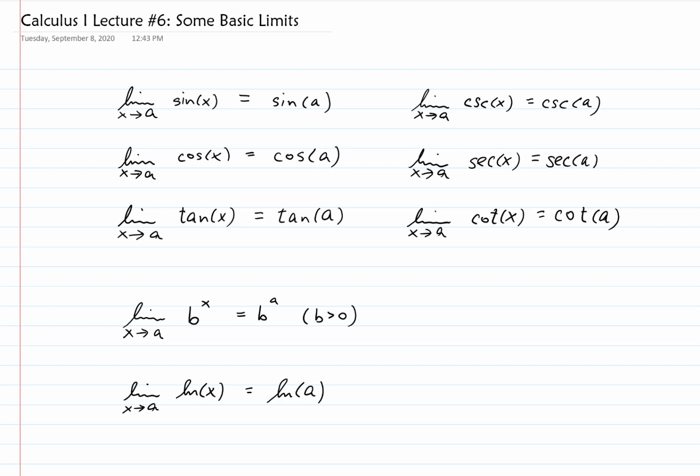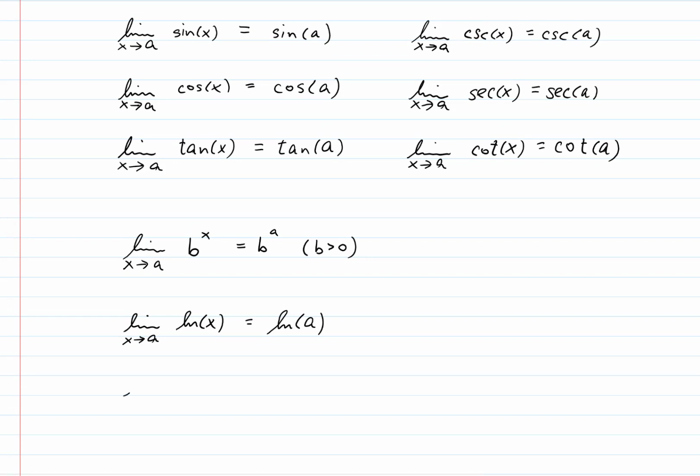Okay, and it's also true for root functions, the nth root of x, where n is any positive whole number. The limit as x goes to a would be the nth root of a. So what we're seeing here is that for all of these functions, to find the limit as x approaches a, all you have to do is plug in a to the function.